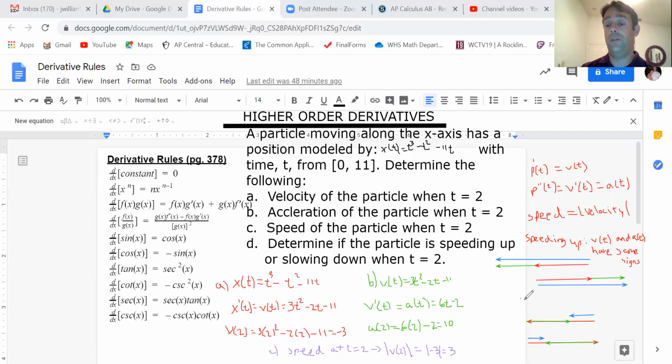If it's slowing down, if they have opposite signs. Have opposite signs.